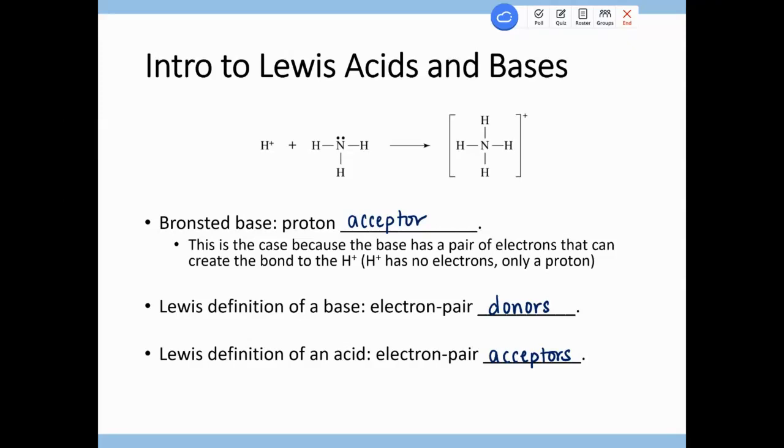So in this example up here, the nitrogen is the base, H+ is the acid. If you look at the product, the nitrogen doesn't have that pair of electrons on top anymore. Instead of owning that pair, the nitrogen is sharing electrons with that hydrogen atom, and that's how we get that NH4 molecule.